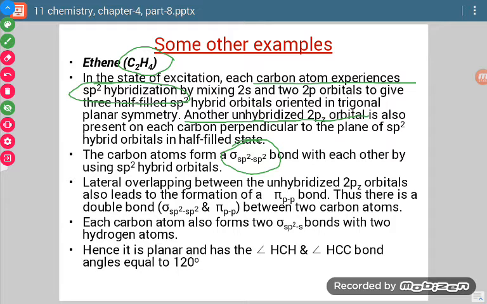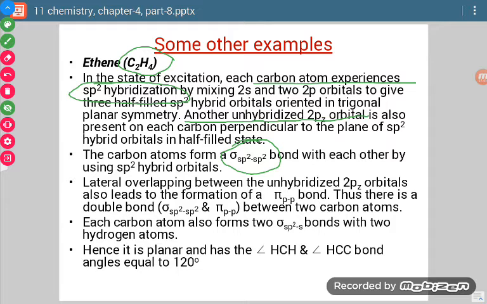One sp2 hybridized orbital will be utilized in the formation of one sigma bond. Now we are left with two hybridized orbitals and one unhybridized orbital on each carbon. Again, I am repeating: the carbon atom has 4 electrons in 4 orbitals, 1 in 2s and 3 in 2p orbitals.